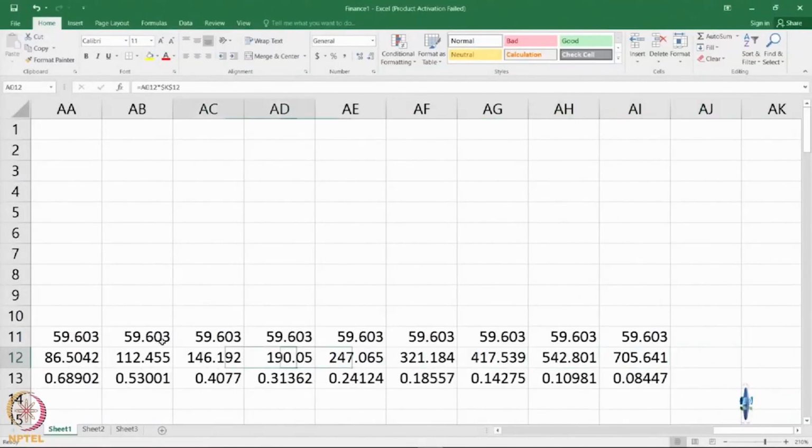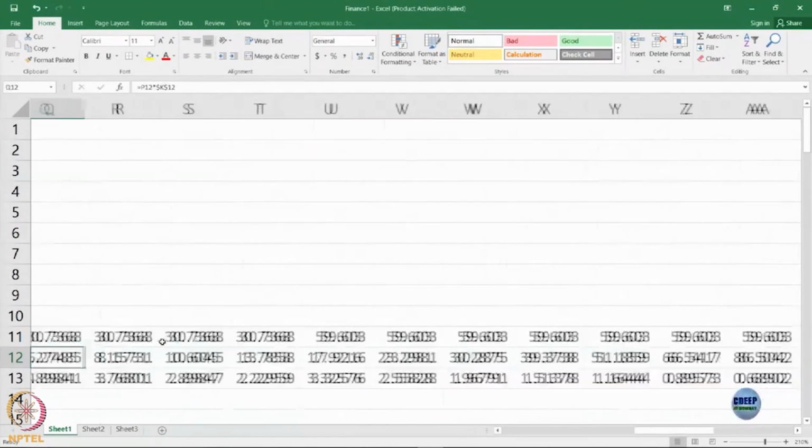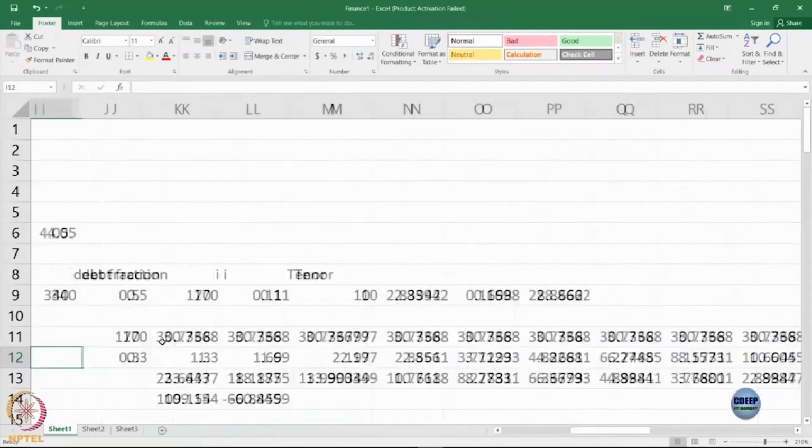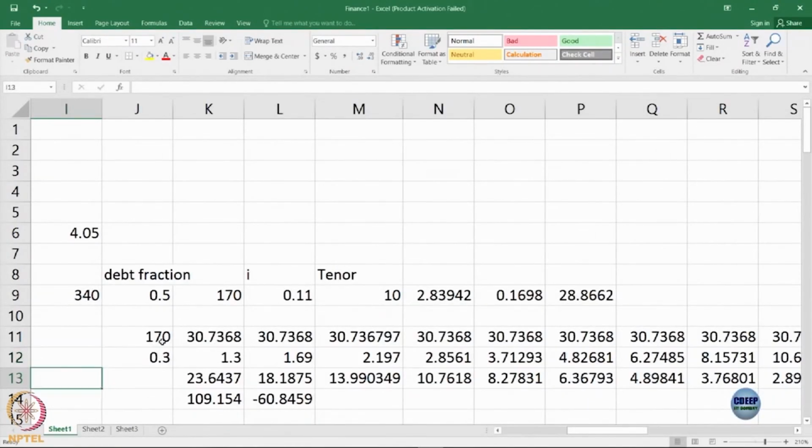So, if we look at this, this is what we have done, and then we have divided this number by the denominator, and we have calculated it for each year, and then we have summed up all of this.